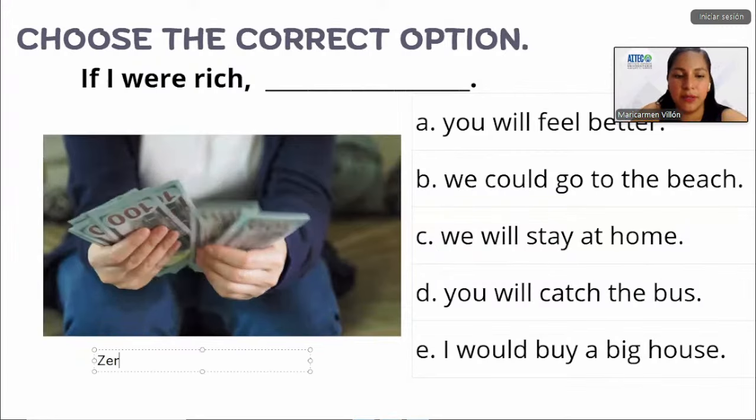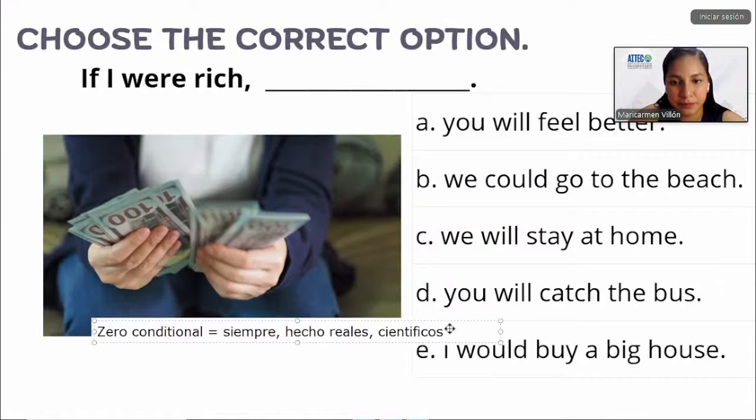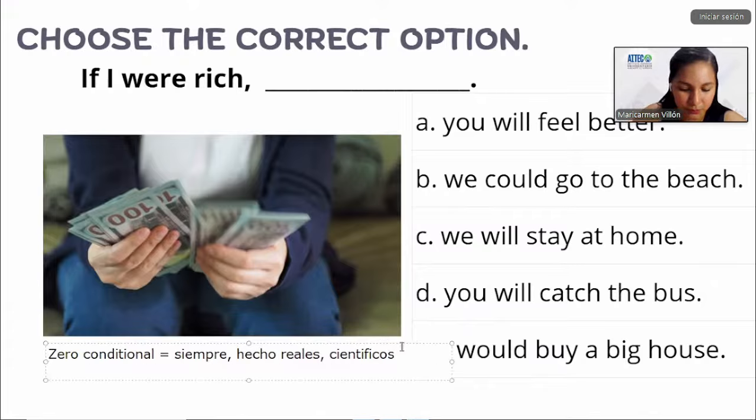Entonces, para ir terminando ahí mientras me contestan, zero conditional. Este cero condicional se utiliza para indicar algo que siempre pasa. Yo diría que siempre pasa. Basado en hechos reales. Hechos reales, científicos. Mientras me van contestando para ir terminando ahí. La primera. First conditional.